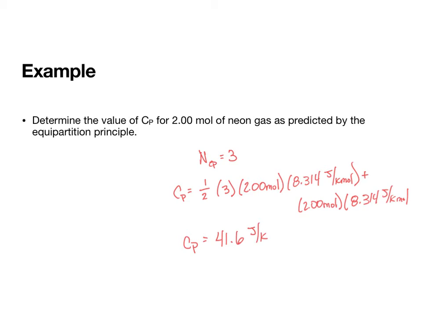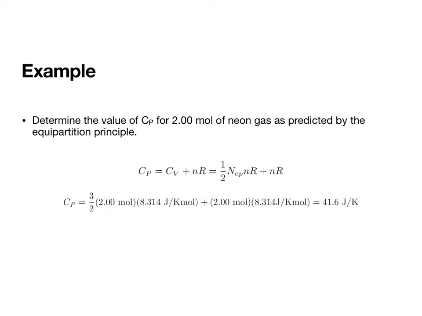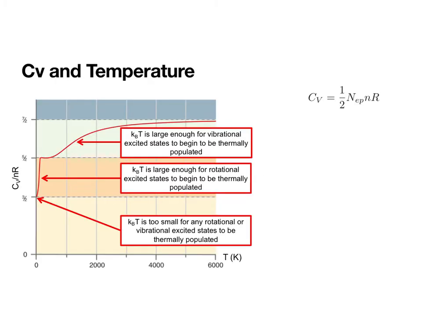So again, the tricky part here is counting our NEP and making sure that we understand what the degrees of freedom that are going on happen to be. Okay, so you're probably going, wait, hold on. How is it that it doesn't matter what molecule, what atom I put in, I get the same heat capacity?